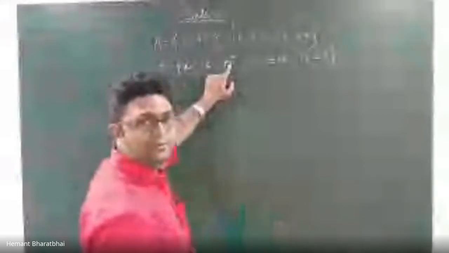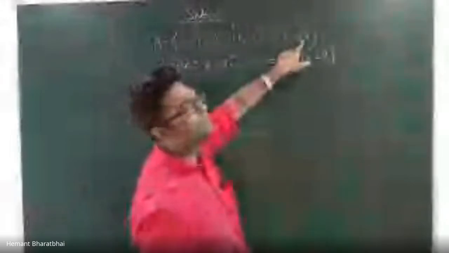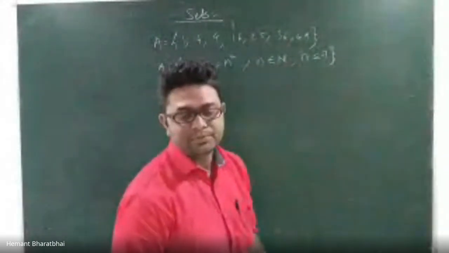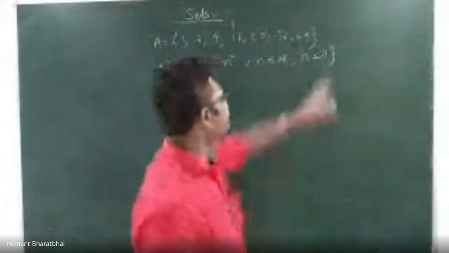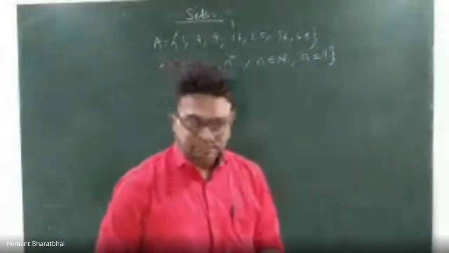If I put n equals 5, I get 5 square, that is 25. I have to go up to 49, and 7 square is 49, so I go up to 7, and therefore n should be less than or equal to 7. This is how you write the same thing in the set builder form.